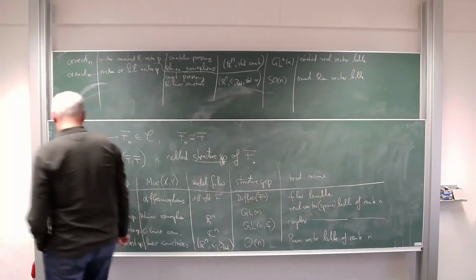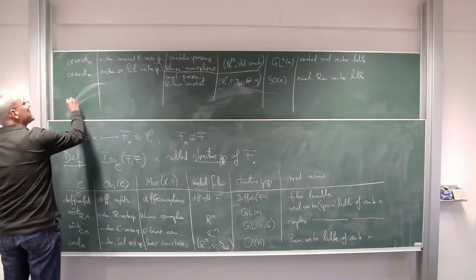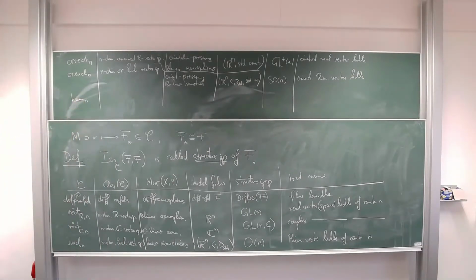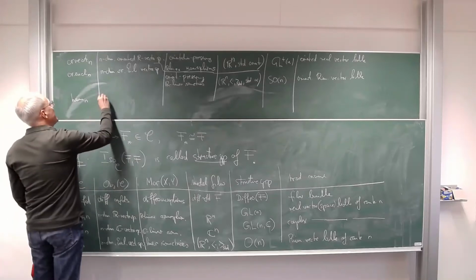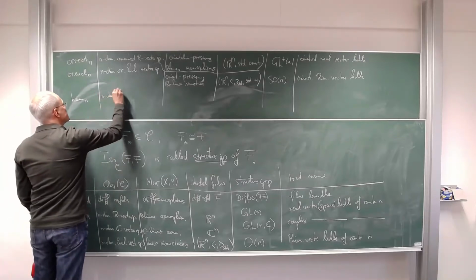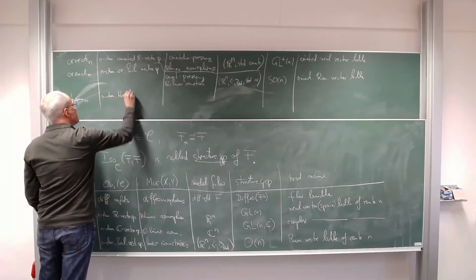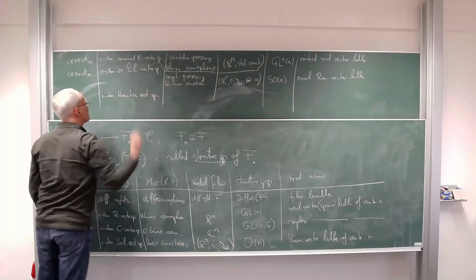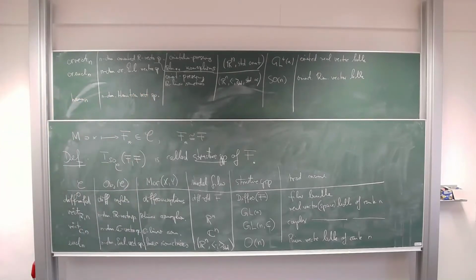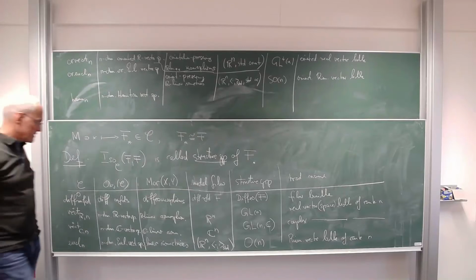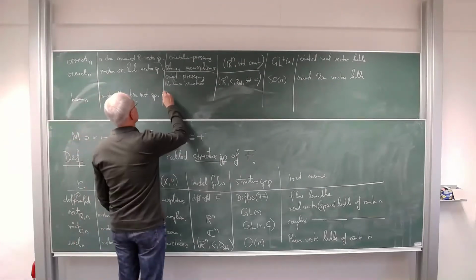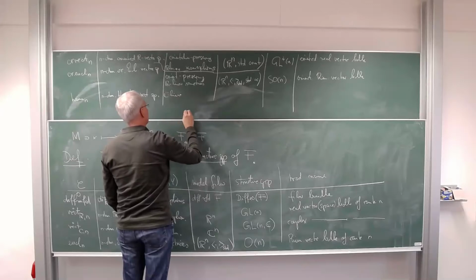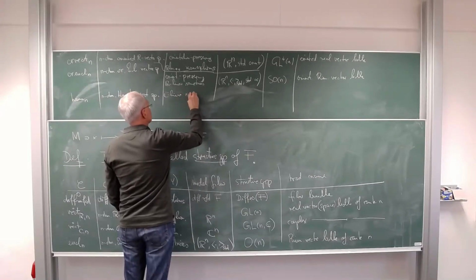Good. What else? We could have a complex version, Herm n. In this case, the objects are n-dimensional Hermitian vector spaces. And my isomorphisms then have to preserve this, so these will be C-linear isometries.